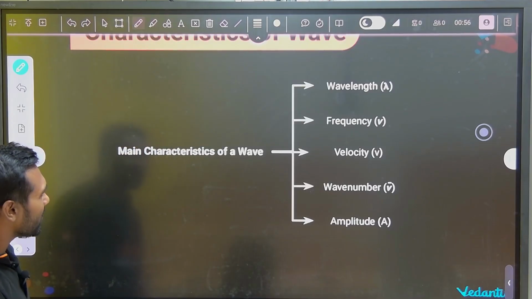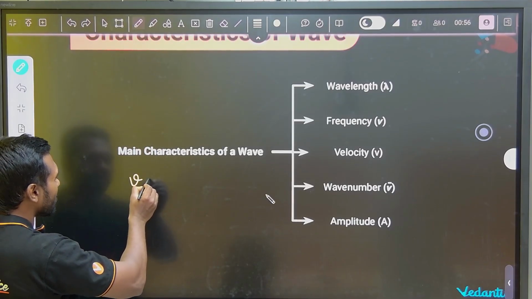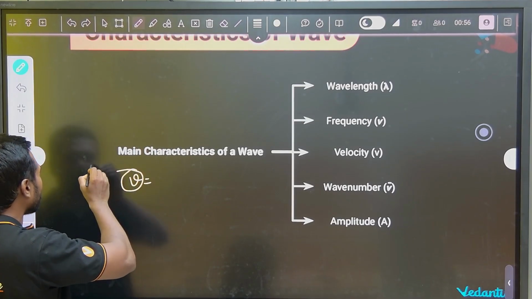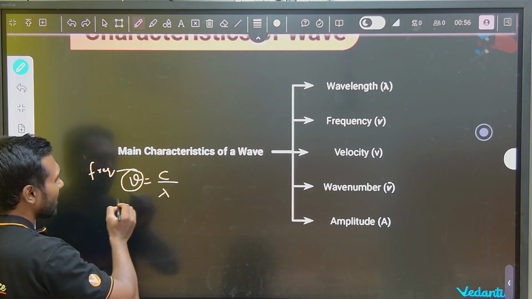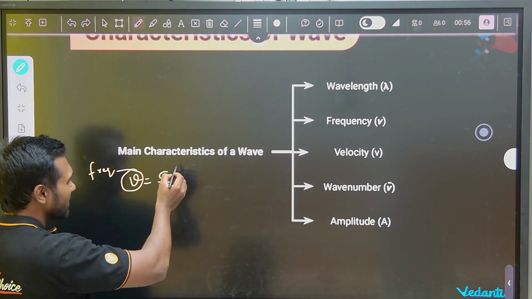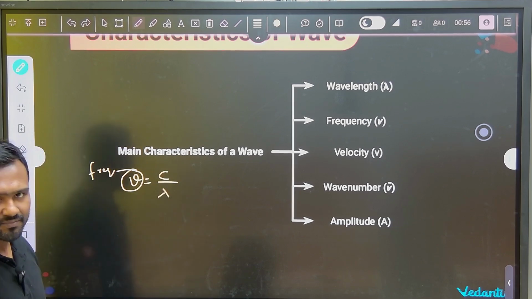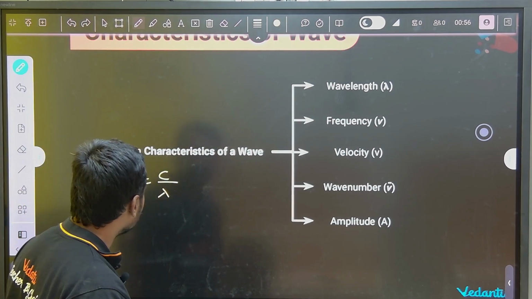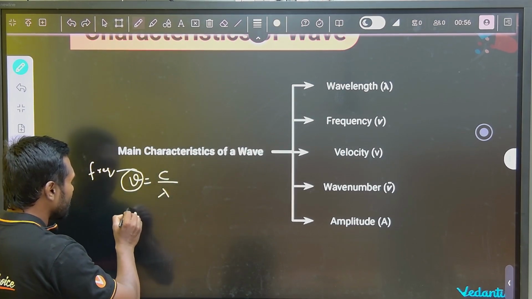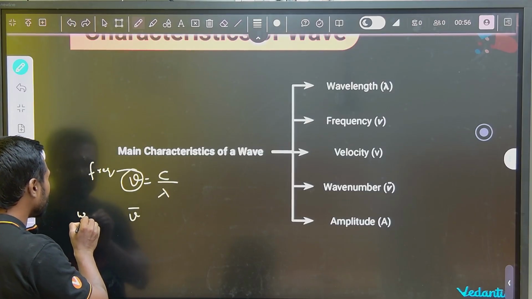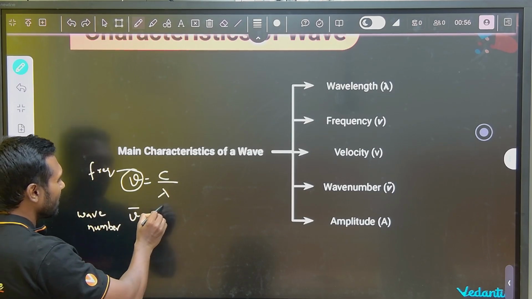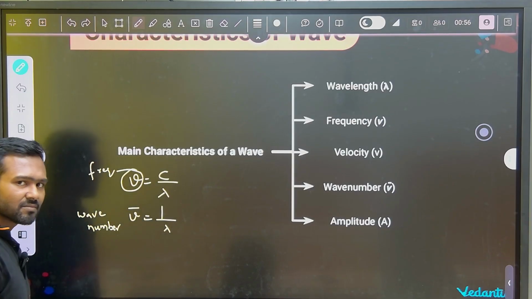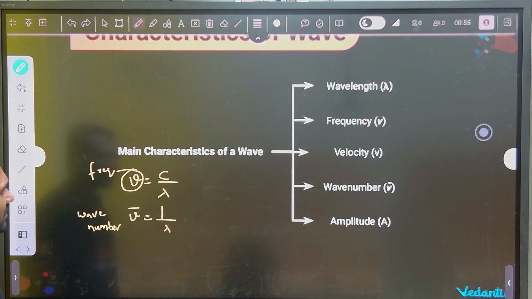So here, wave parameters: nu is frequency. Nu is equal to c by lambda, where lambda is wavelength and c is the velocity of light. Next, nu bar, that is wave number, and wave number is equal to the inverse of wavelength.